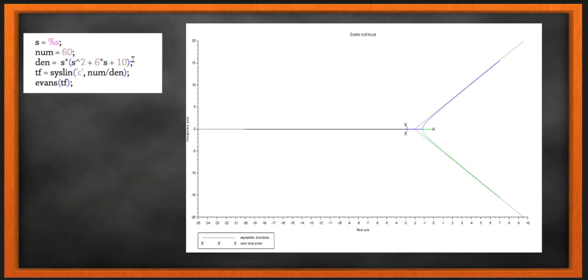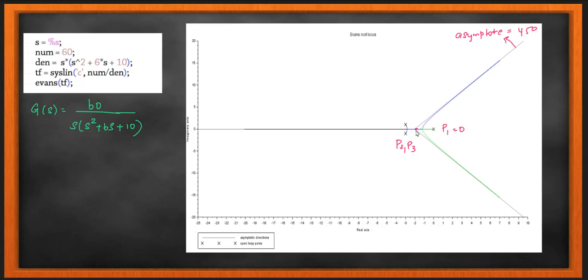You just take dK by ds. You have the characteristic equation, which is 1 plus K G(s) equal to 0, and in that you differentiate K with respect to s, put it equal to 0, find s, and then put the value of s in the characteristic equation and see if K is positive. If it is positive, that value of s is your breakaway point. So these are the steps for computing the breakaway point.